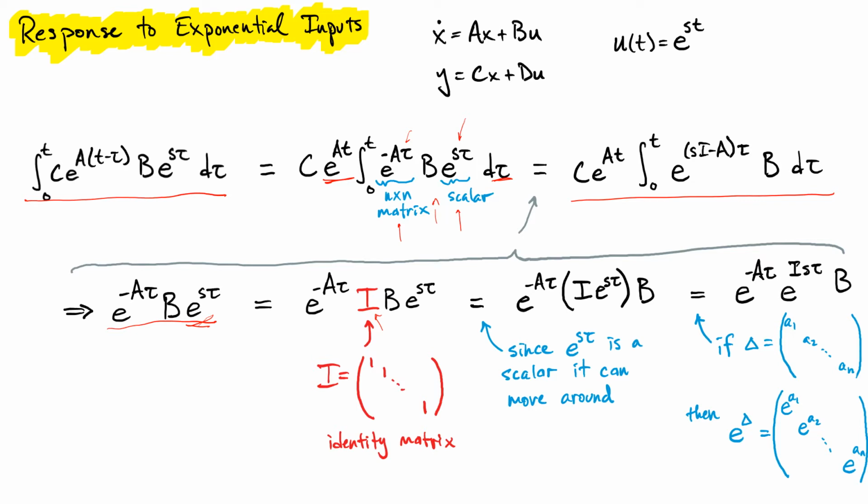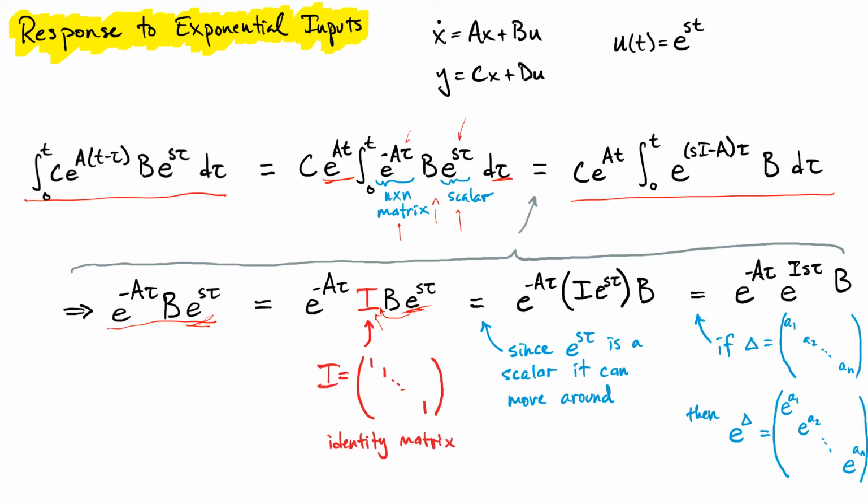The one special case is order switching: the identity is commutative, so it can move around, and a scalar can also move around. So a scalar can be brought inside like this. The order doesn't matter in matrix multiplication when you're dealing with a scalar.